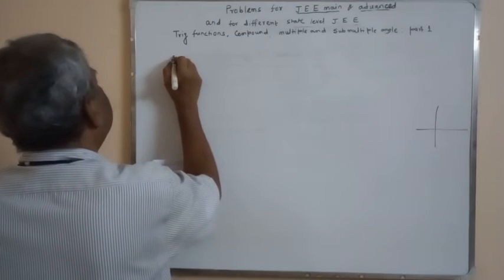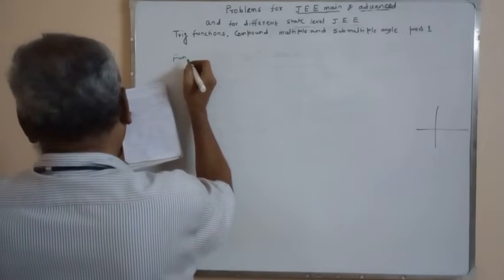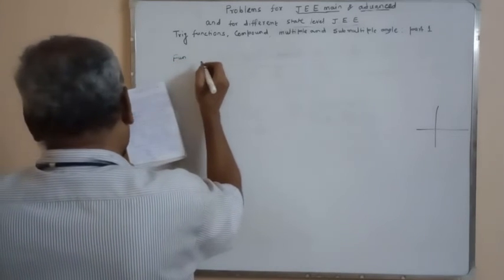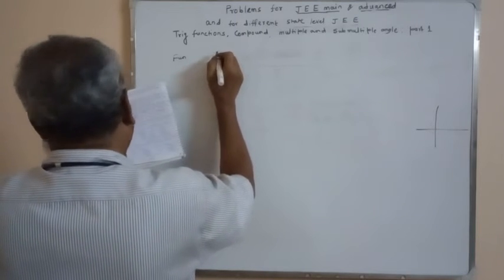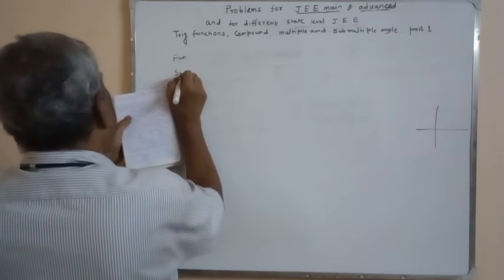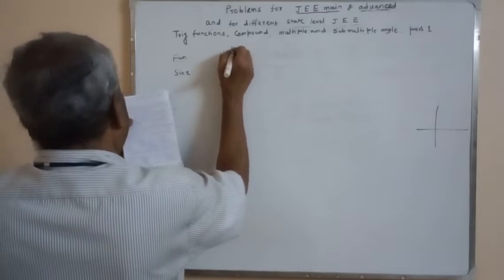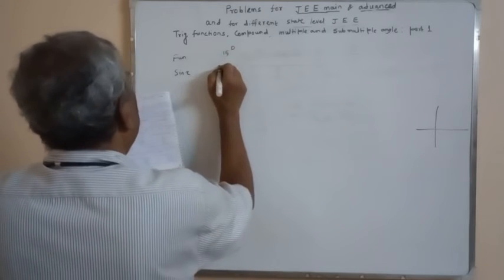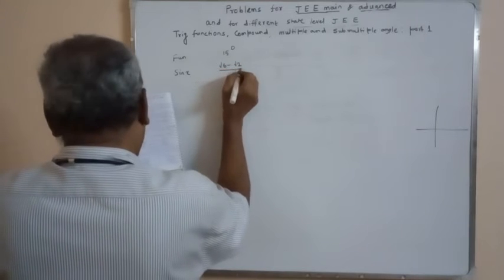Sin x at 15 degree, the value is root 6 minus root 2 by 4.